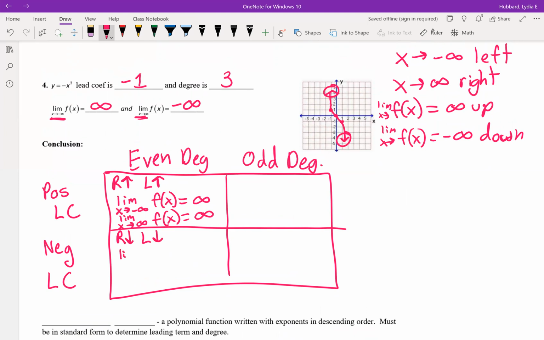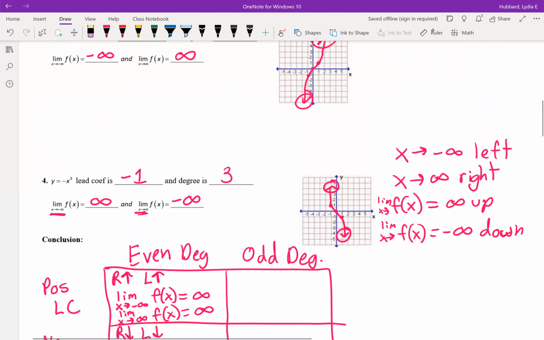So again, we would write this as the limit as x goes to negative infinity, our graph goes to negative infinity. And the limit as x goes to positive infinity, which is our right side, our graph is again going to negative infinity. So hopefully we notice that when we have an even degree, both our right and our left sides will be doing the same thing.